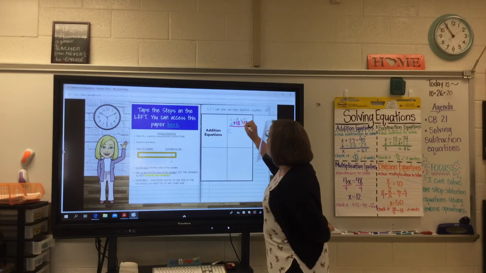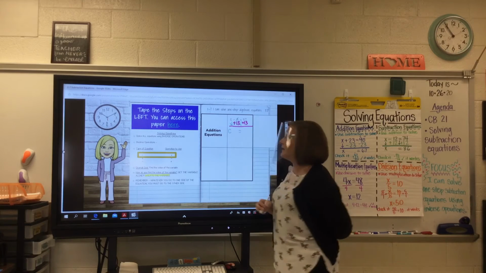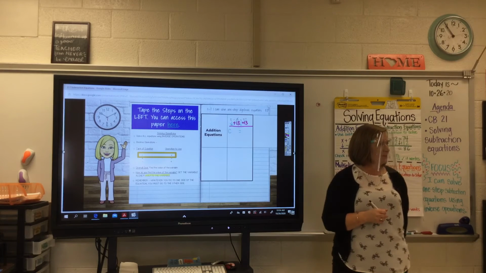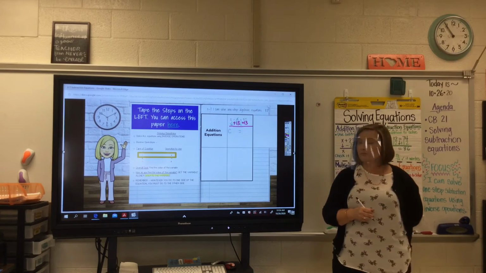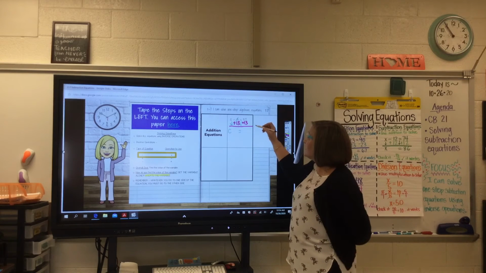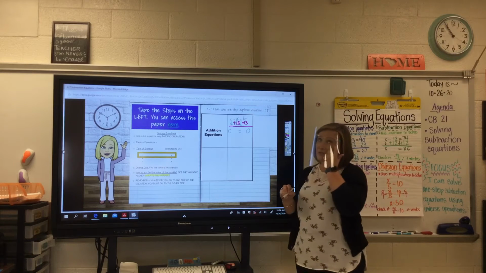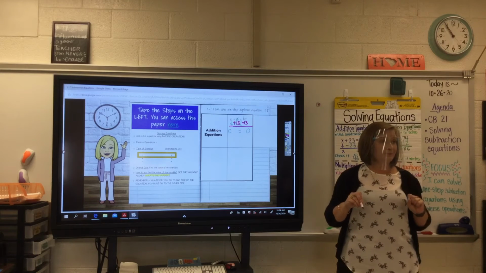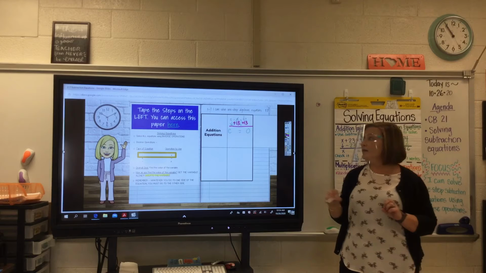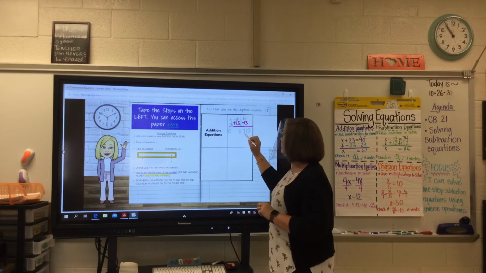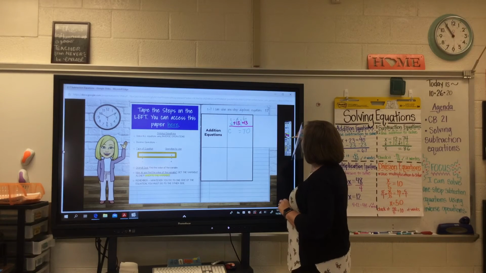So that cancels out. Bring down my equal sign. Now what are we going to do? 57 plus 13. 7 plus 3 is 10, write my 0, carry my 1. 1 plus 5 is 6. 6 plus 1 is 7. So C equals 70.